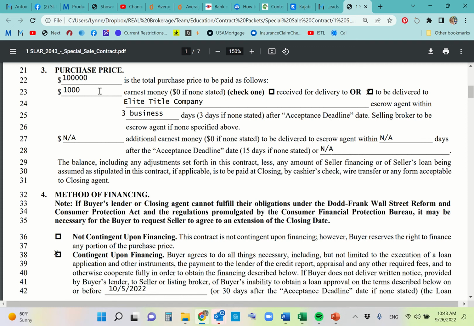Typically, 1% is where you're going to want to go, right? It's going to be the best way, and most sellers are going to expect at least that much. An exception might be if you're buying on an FHA type of loan where it's understood that the buyer may not have a lot of cash, but otherwise that's what you'll do.